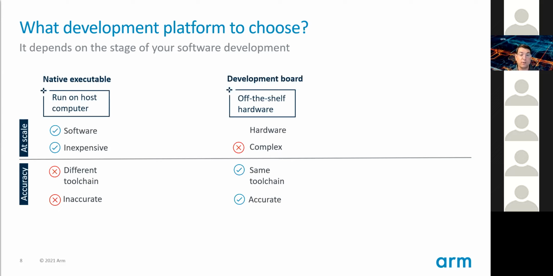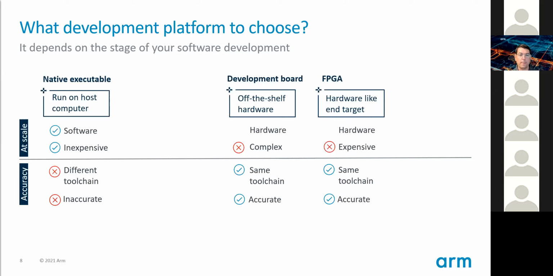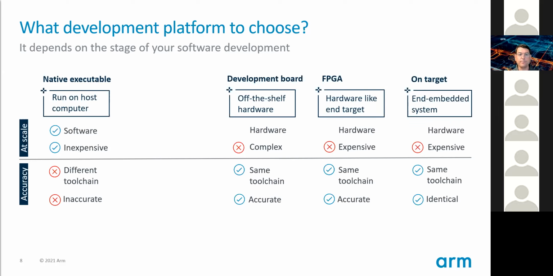Of course, it's accurate, and you can use the same tool chain. FPGA implementations have the same issues, only that they are also quite expensive, depending on the complexity of your system and thus the required FPGA. The final target is usually available quite late in the process, so this is not good for early testing.